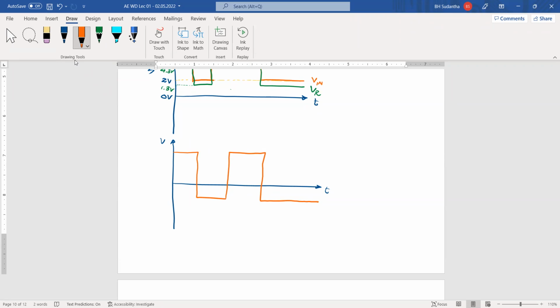This is plus 6 volts. This is minus 2 volts. And this is V in.